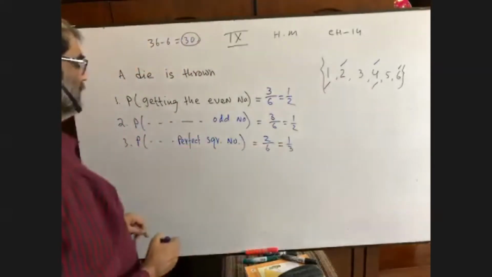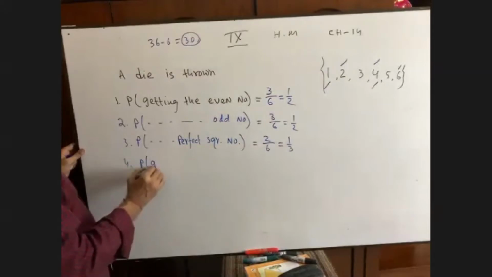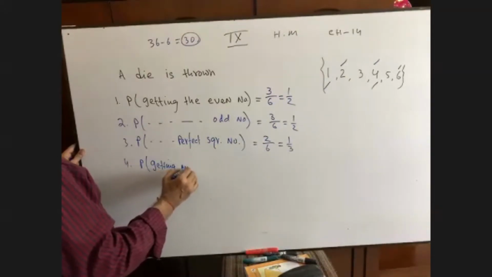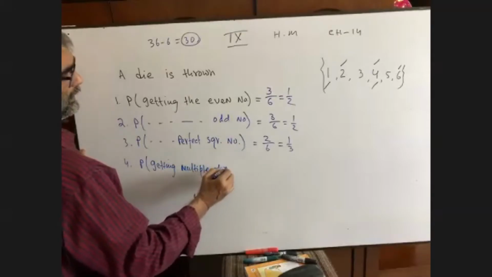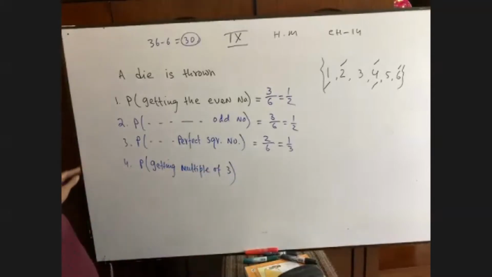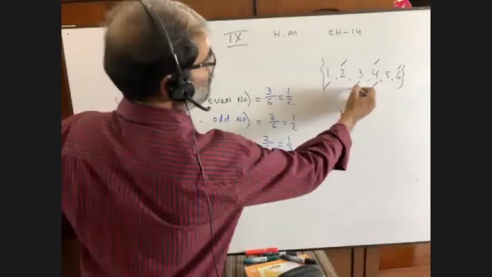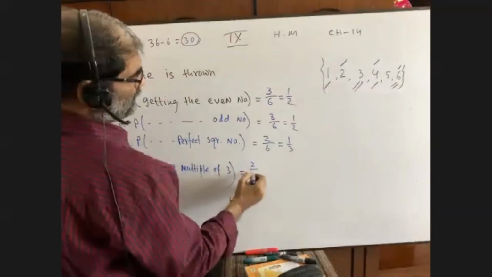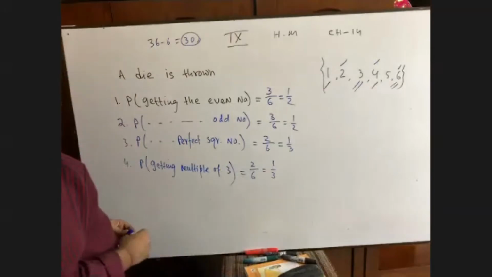Now write down probability of getting a multiple of 3. Multiple of 3 is 3 and 6. So we are getting 2 by 6 equals to 1 by 3, right?